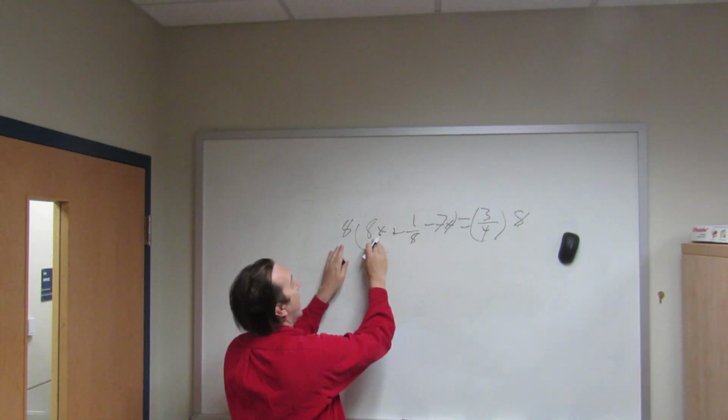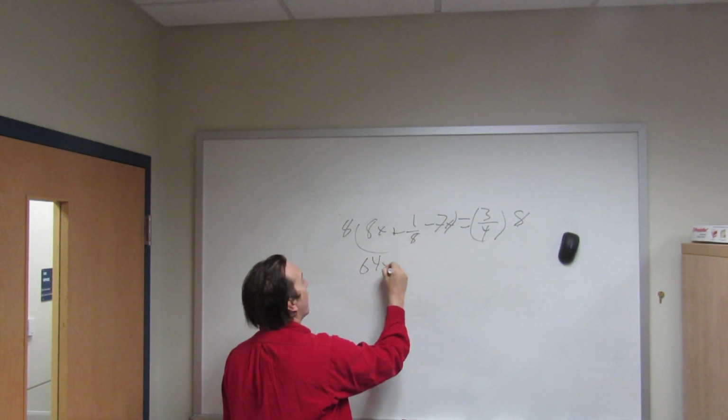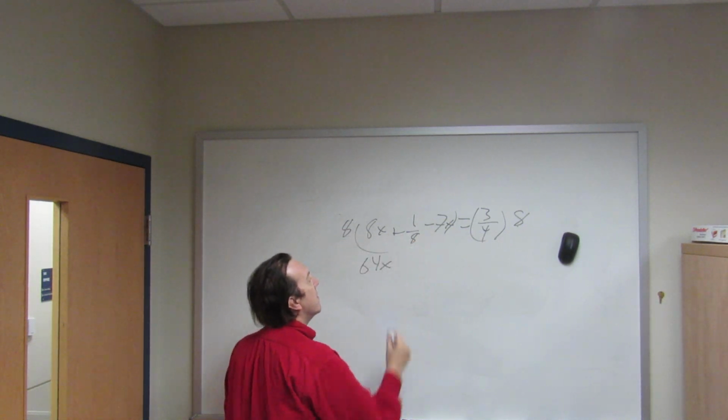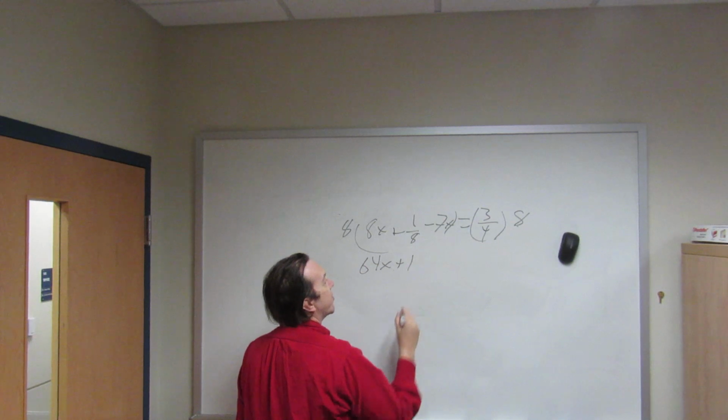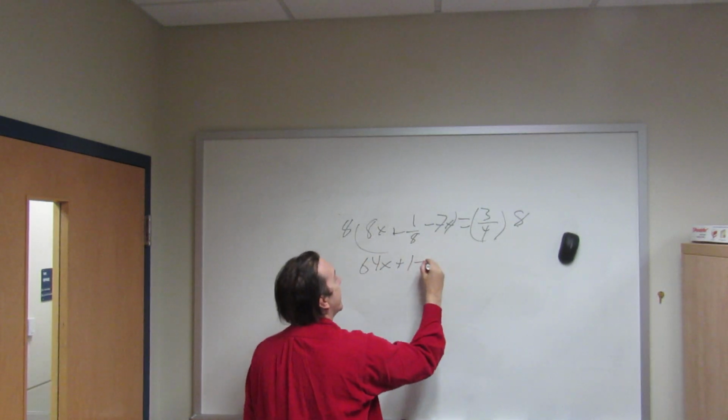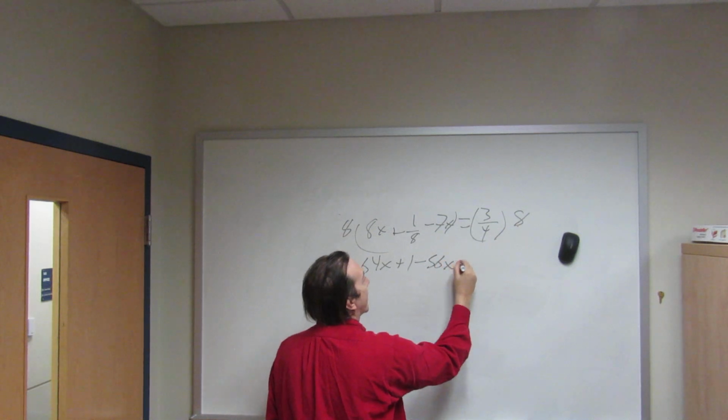When we do that, 8 times 8x is 64x. 8 divided by 8 is 1 times 1 is just going to be 1. 8 times negative 7x is minus 56x.